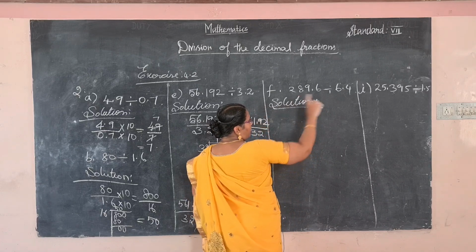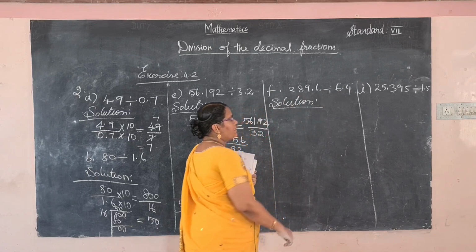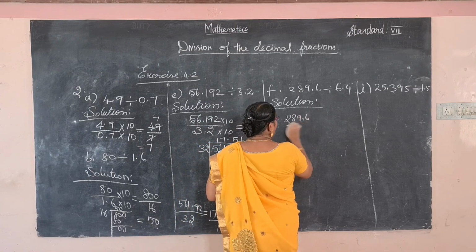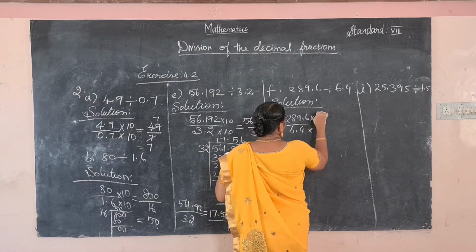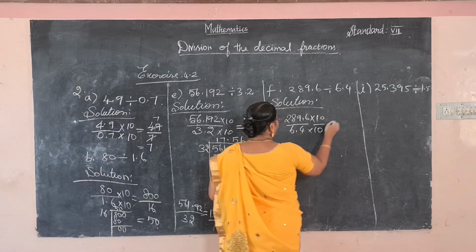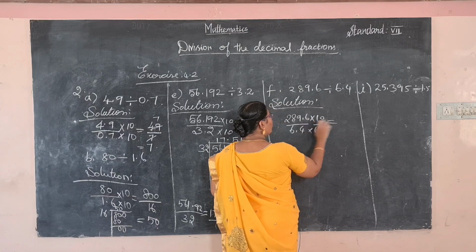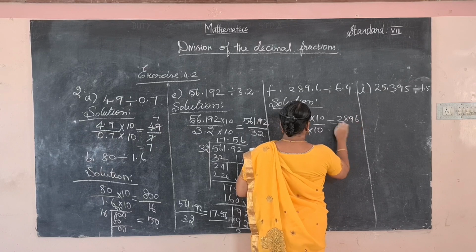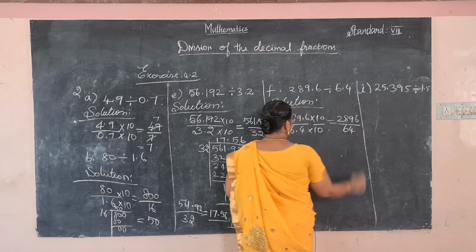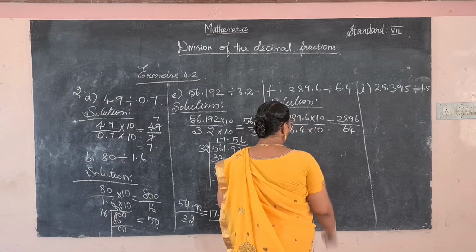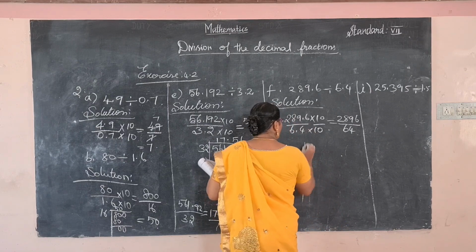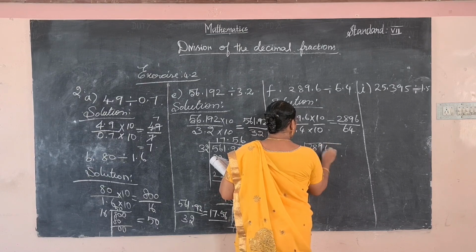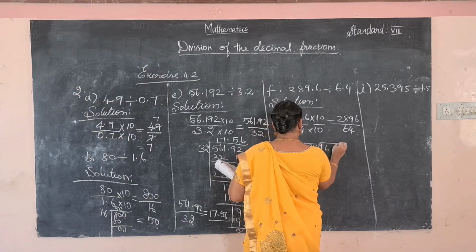See the divisor, how many decimal places? Only one place. Therefore the numerator and denominator are multiplied by 10. The decimal point moves to the right, so 2896 divided by 64, whole numbers. As usual, division: 2896 by 64.